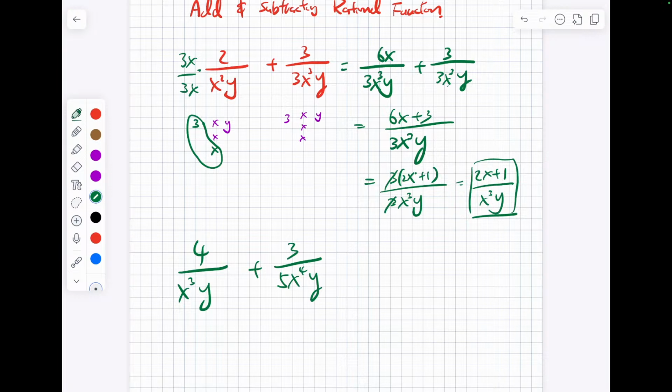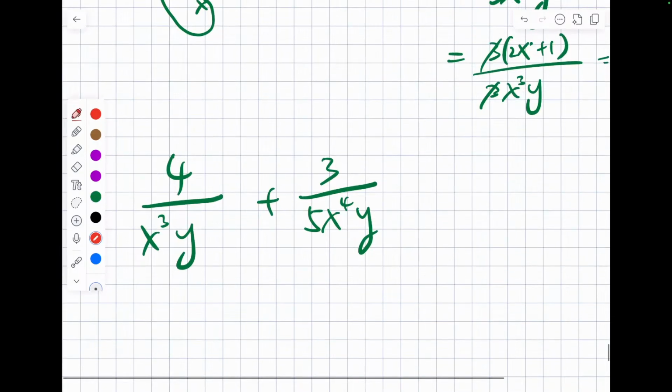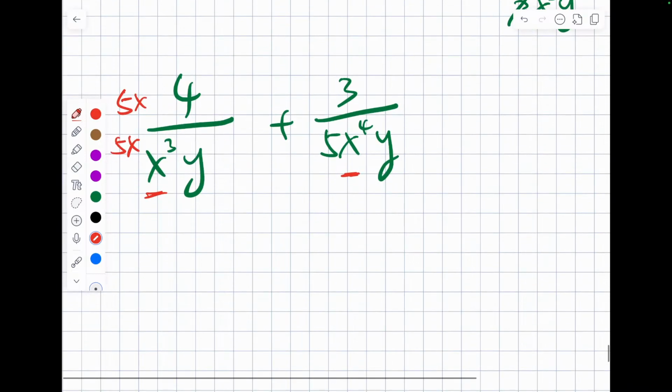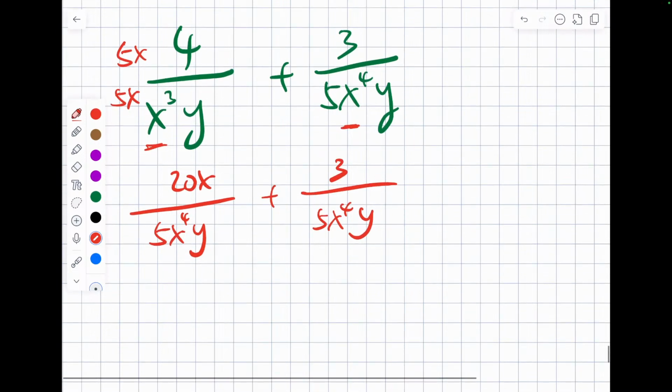Just cancel out. Okay. If you split it... So what do I need on this side? This has an x cubed, this one has x to the fourth. So what do I need on this side? 5x. Yeah, 5x. So this is 5x and 5x. Therefore, it's going to be 5x to the 4th y, and this is 20x over 5x to the 4th y, plus 3. Now we can add those two together.